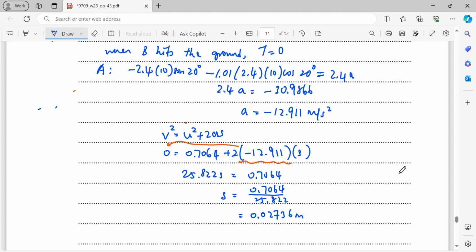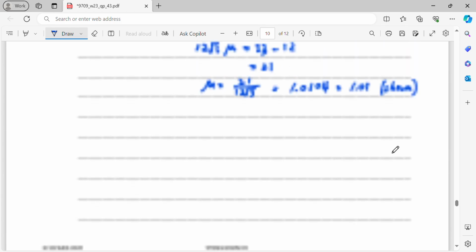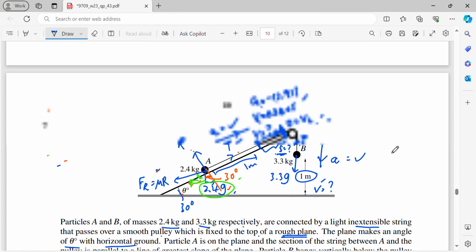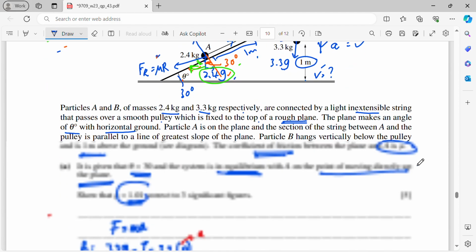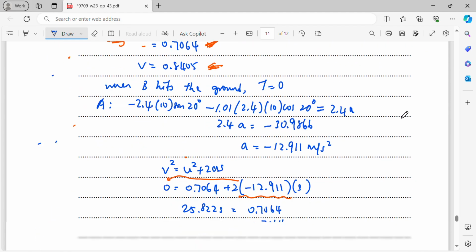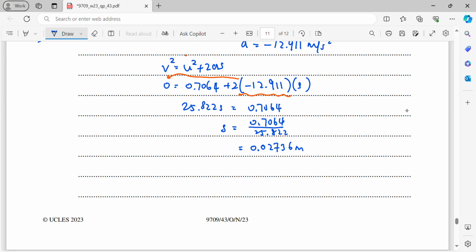So from here, I can find the total distance traveled by A, because I have found this S. This S together with the 1 is the total distance. So you can just add 1 to get the final answer.